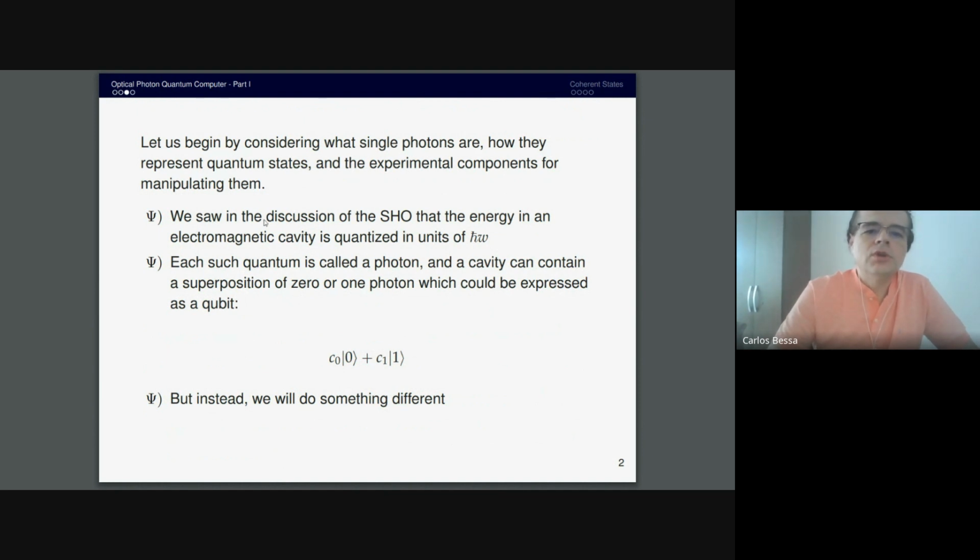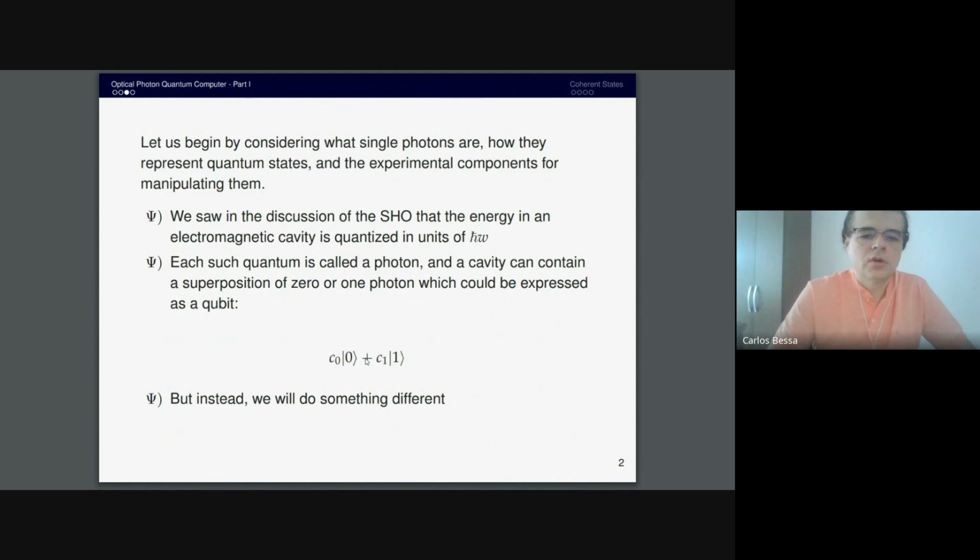We saw in the discussion about the simple harmonic oscillator, when we quantize it, that the energy in the electromagnetic cavity is quantized in units of h bar omega. Each such quantum could be called a photon, and a cavity can contain a superposition of 0 or 1, which could be expressed as a qubit in this way.